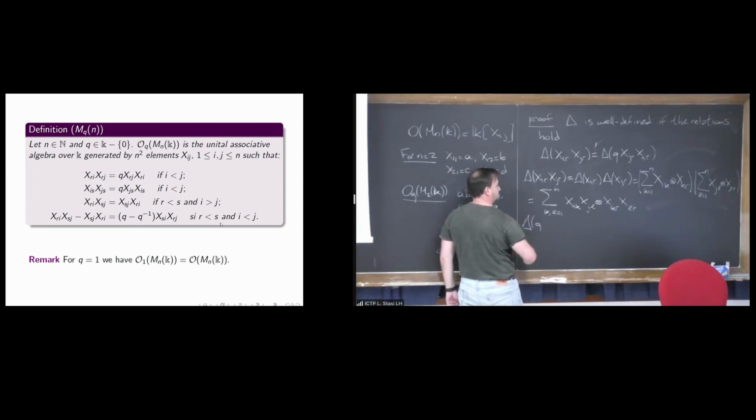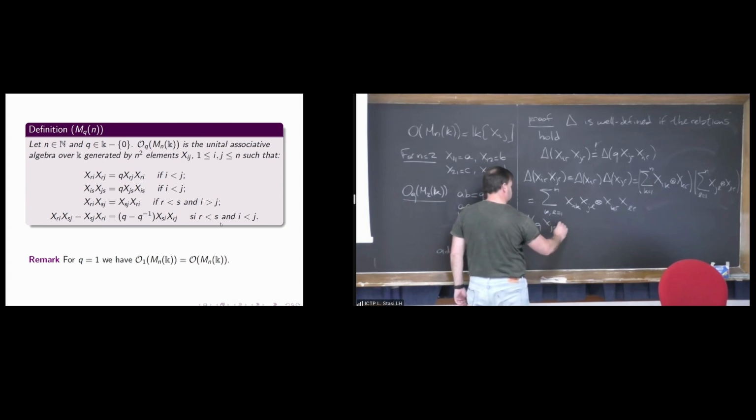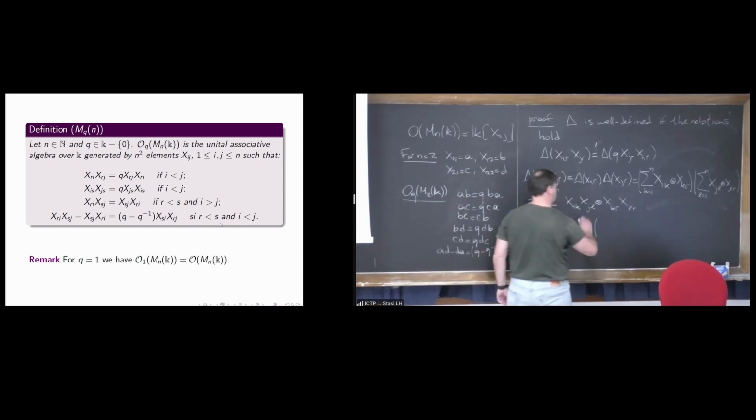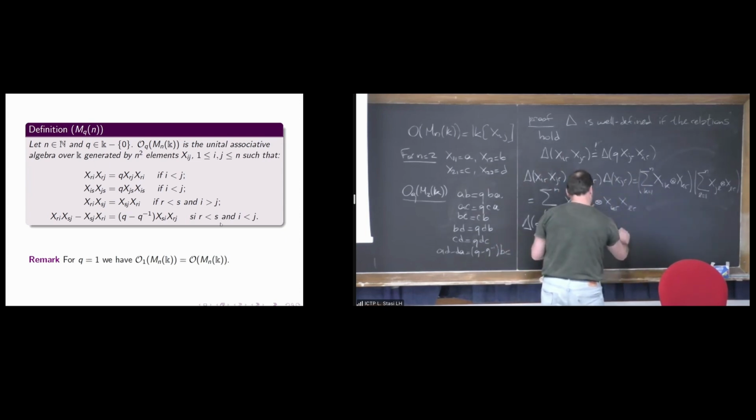So let's compute the second one. First thing, it should be linear, so the number goes out. Second thing, it is an algebra map, so it is the co-multiplication here times the co-multiplication here. So I will skip that step and write exactly these sums, but in the inverse order, because here they are in inverse order.